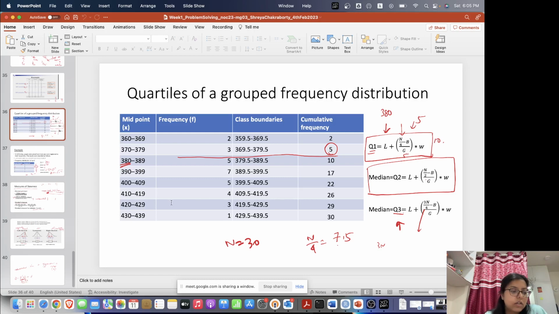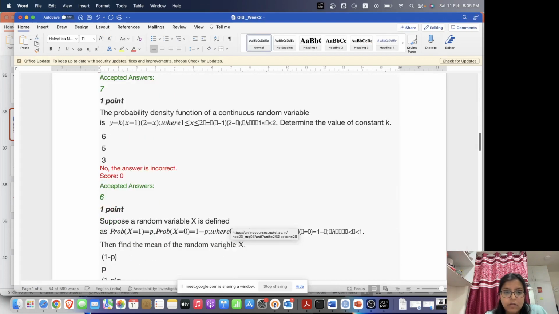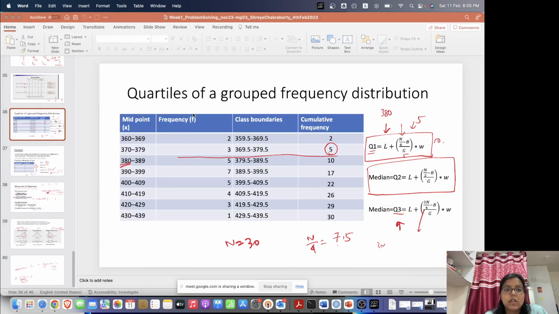From the table that is given in week 1, you just have to find these Q1, Q2 and Q3 using these formulas, then substitute and get the Bowley's measure of skewness. I already explained this last week. Please give it a try.